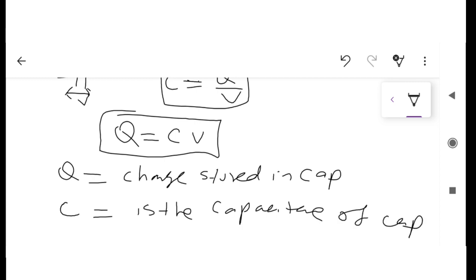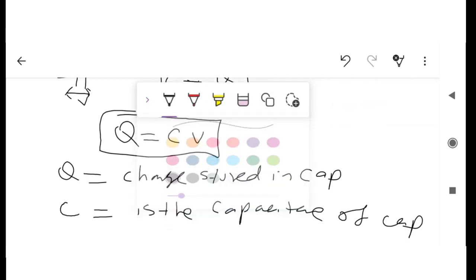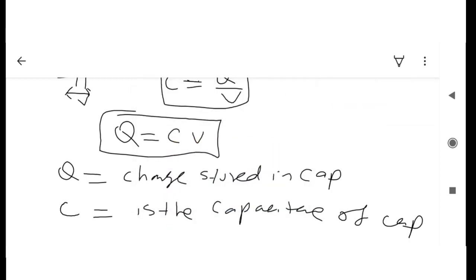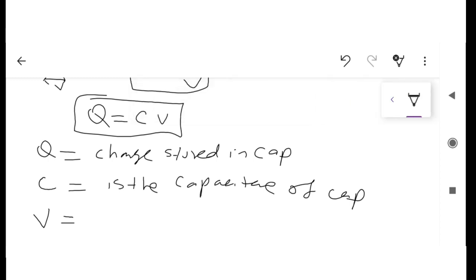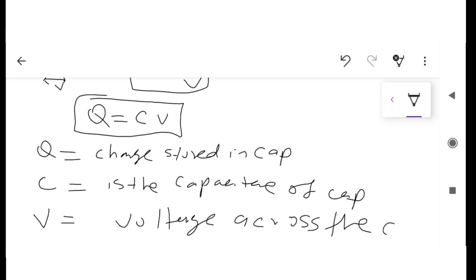Next is V. V means the voltage across the capacitor. This is the main formula that you have to identify and use for corrections in problems which are familiar with the capacitor.